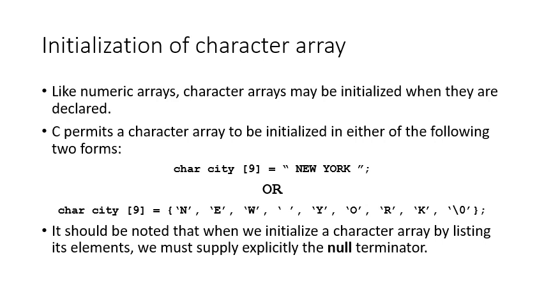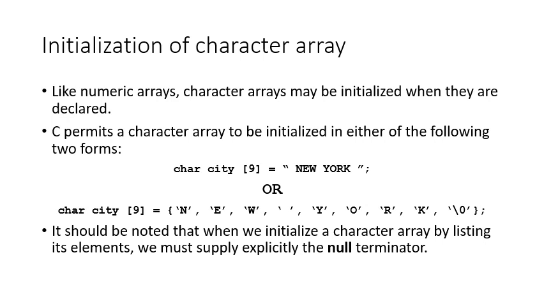The first form is char city[9]. This is the declarative part. So I am declaring something. I am saying that city is a character array with the size 9. Okay, and the value that is there in this city character array is New York.